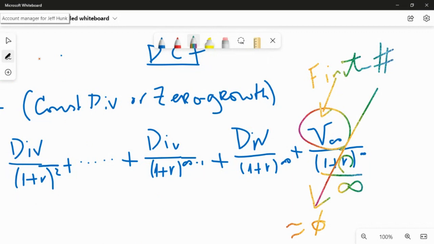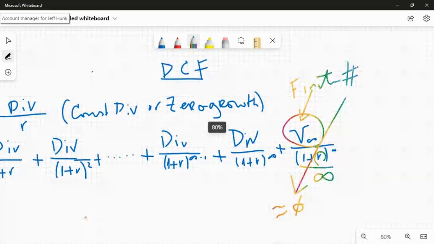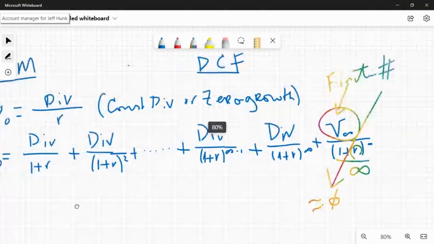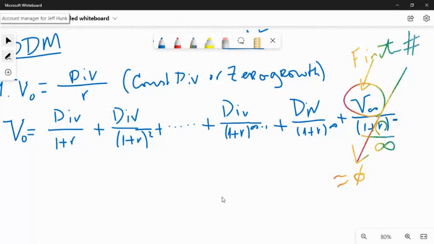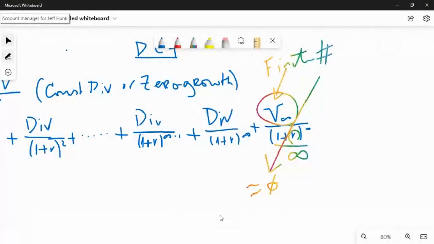So that means we have an infinite string, or polynomial. It's called a mathematical polynomial. We have an infinitely long polynomial of dividends. Now let's call this equation 1.